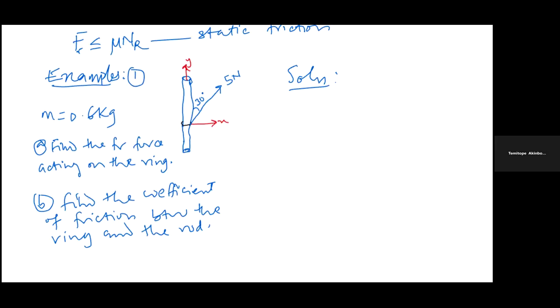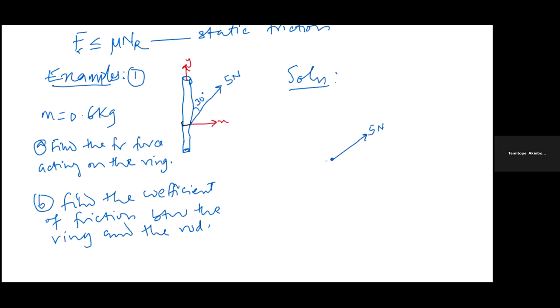So I'm going to indicate that now. So let me just transfer that to this side. So the position where the ring is, let me just call it dot. This is the force of 5 Newton. The 5 Newton force is here.